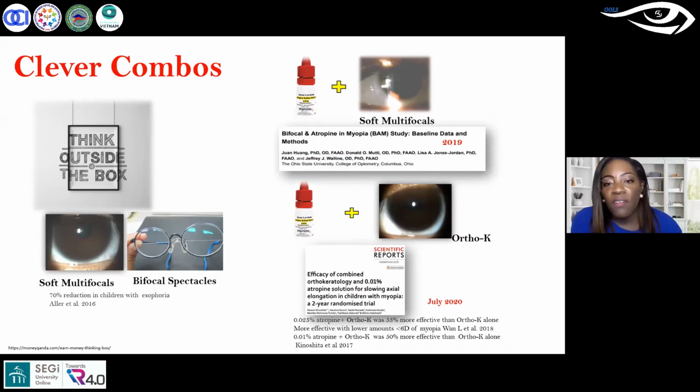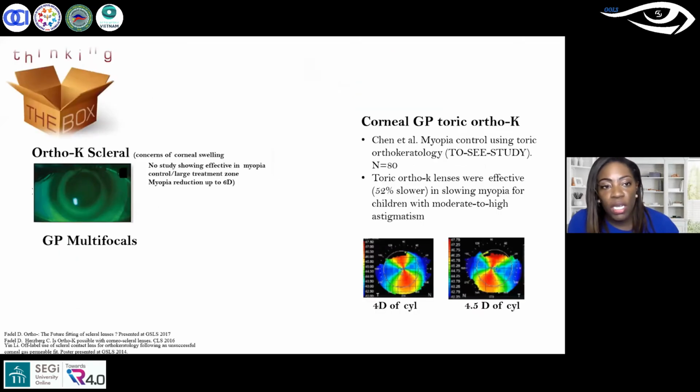I use this often for children that are progressing quickly, or like my patient who's really high for his young age. Some doctors are thinking outside the box, using ortho-K scleral lenses.